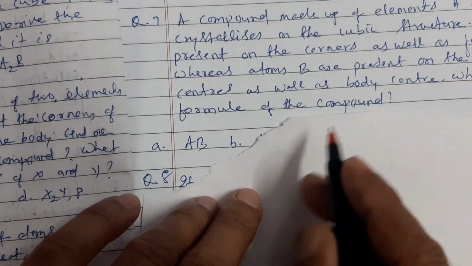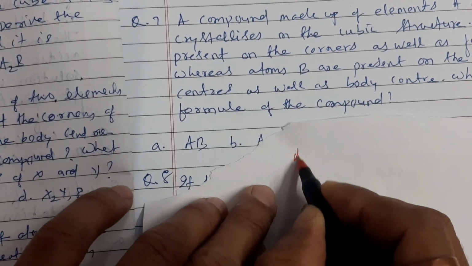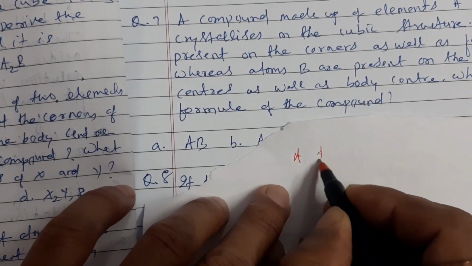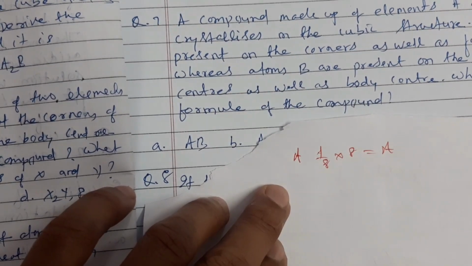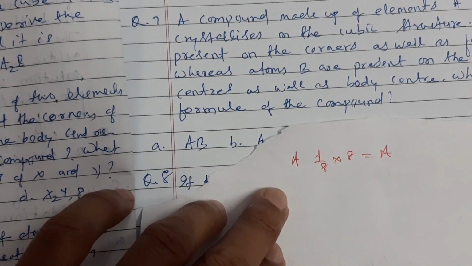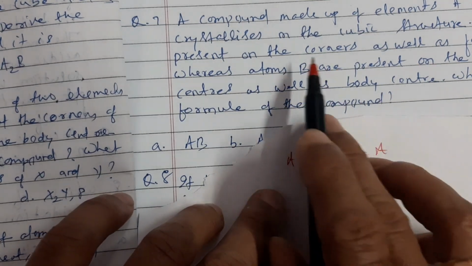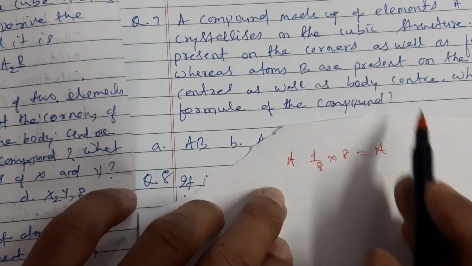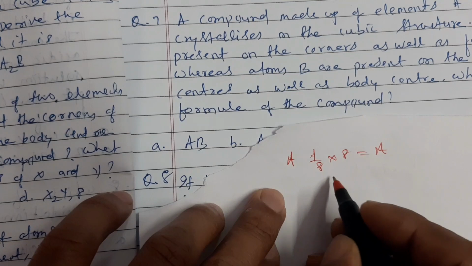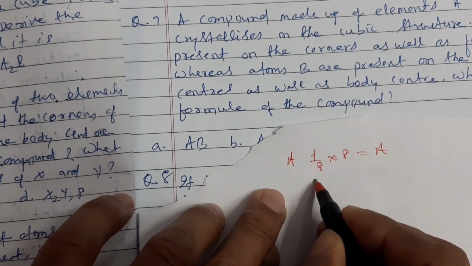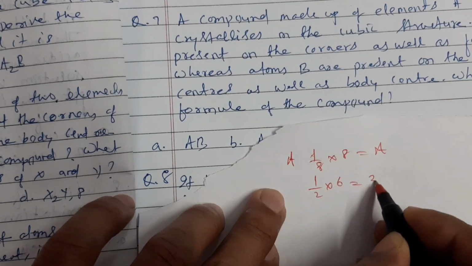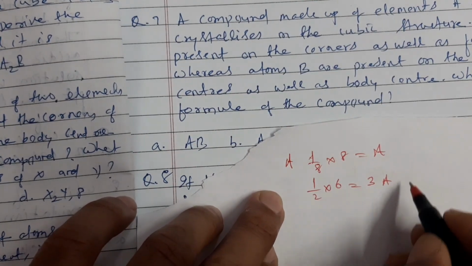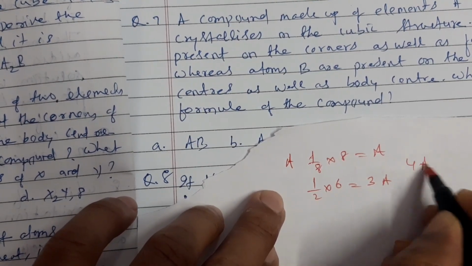Atoms A are present at the corners, so 1 by 8 multiplied by 8 gives only 1 A. A is also present at the face centers, so half multiplied by 6 gives 3 A. So the total is 4 A.